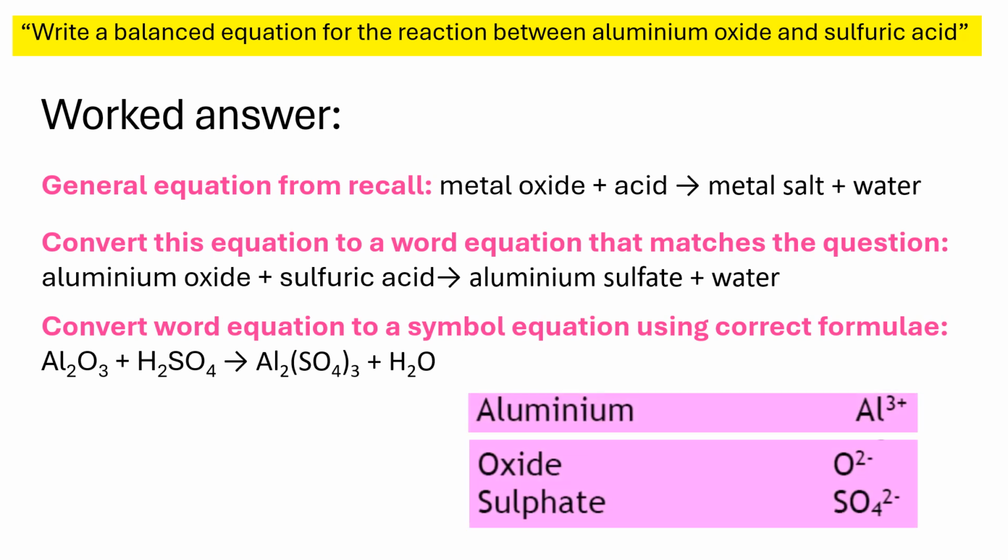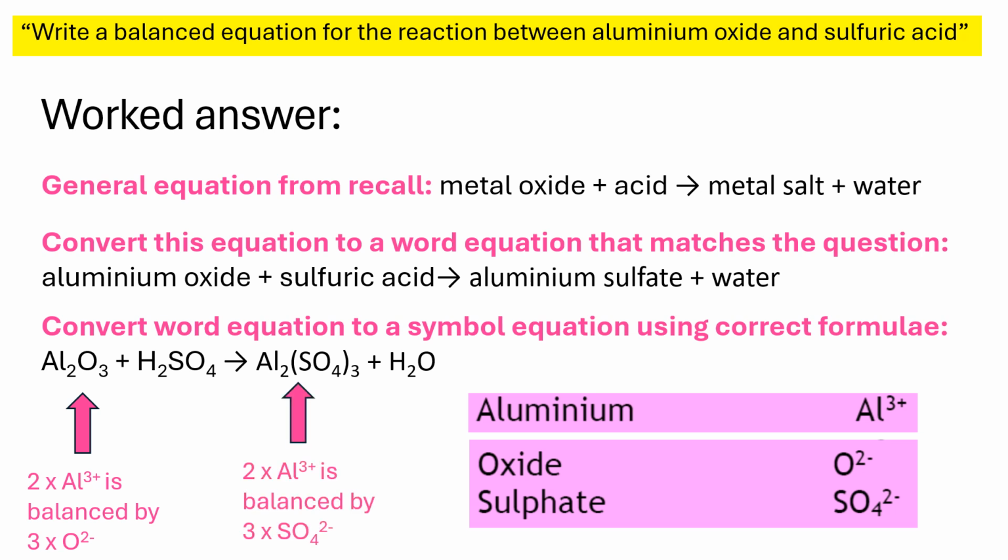Going back to our ions list, we're using aluminium as Al3+, oxide as O2-, and sulfate as SO42-. What we're trying to do is make the charges on those ions balance out, so you have to multiply up each ion until that happens. 2 Al3+ will be balanced by 3 times O2-.